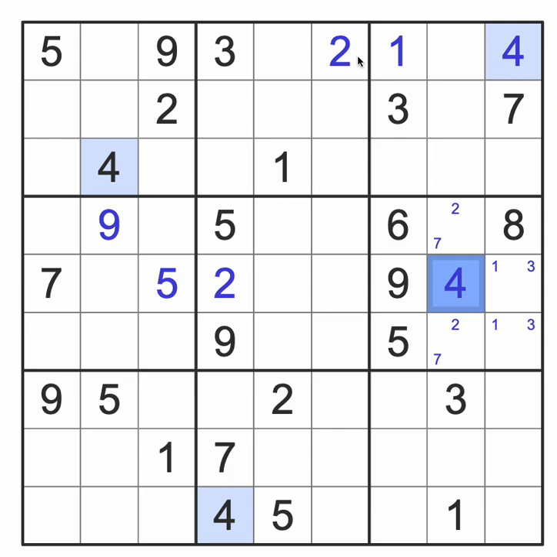And this 4 has blocked this cell. This 4 blocks these. This 4 down here blocks this. Oh, I thought there was... Sorry, I thought that it was... Yeah, my mistake. Never mind that. Sorry.